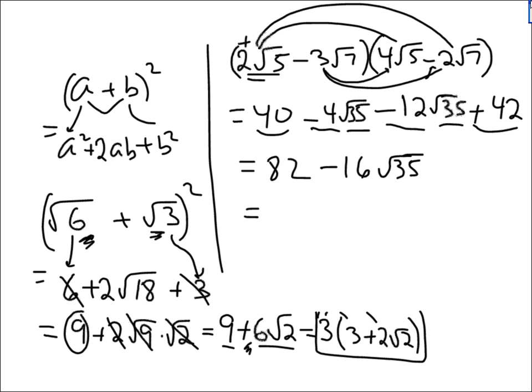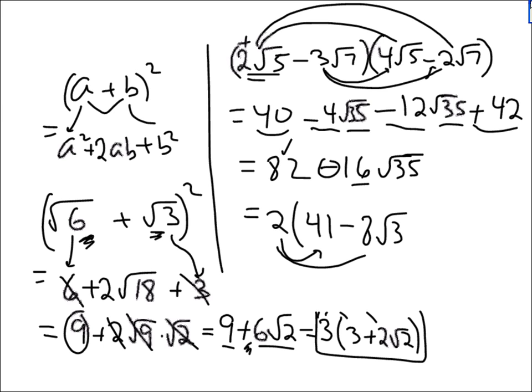And if I'm not mistaken, only 2 goes into both of these. 2 times 41 is 82, minus 2 times 8 is 16, times square root of 35. And there's your final answer. Okay, I hope you understood this. Good luck with it.